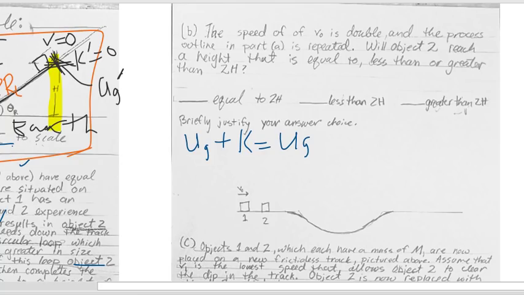So basically, we're looking at how speed, so it would be 2v naught right here. Speed is doubled. That's going to affect your kinetic energy. And then the outcome would be 2h. So they want to know if that's true, if you have 2v naught.